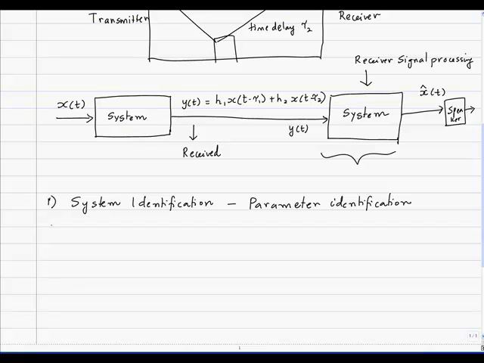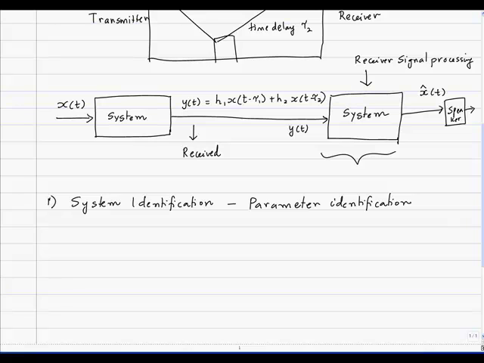Actually, the way it works in cell phones is quite interesting. The base station and the receiver have an agreement for the base station to periodically send a known sequence.